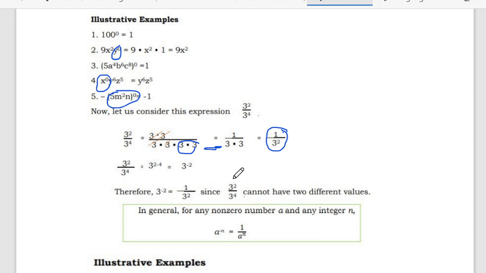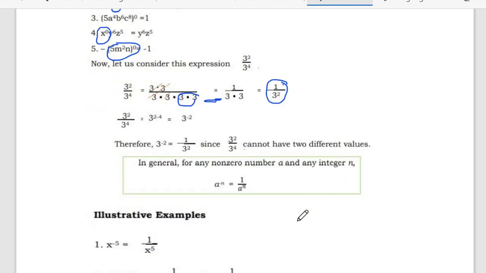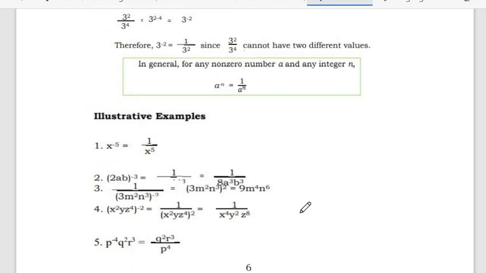Since this one cannot have two different values, therefore, for any non-zero a and any integer n, a raised to negative n is always equal to 1 over a raised to n, to make the exponent positive. Okay, so we have an illustrative example here.